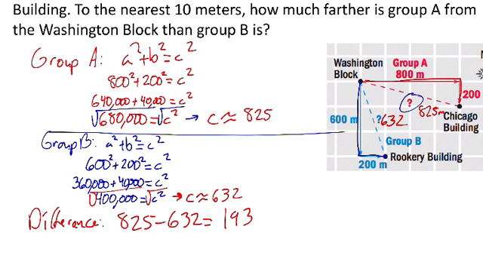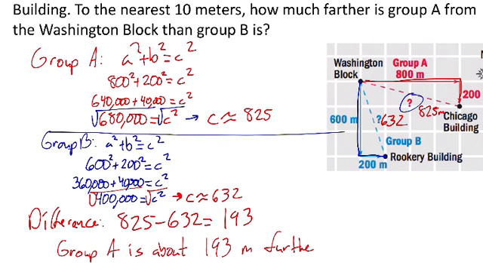So we're going to say Group A is about 193 meters further than Group B. It's not exact because we rounded, but sometimes rounding is going to be okay. So they're about 193 m further than Group B. And there you have it.